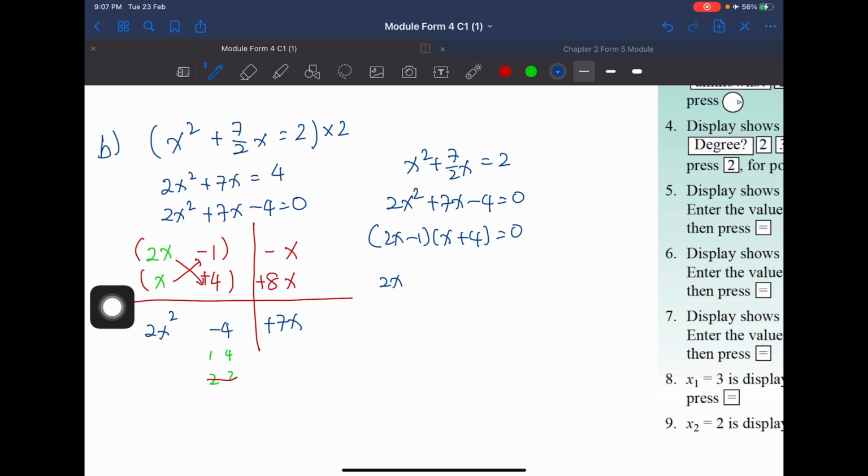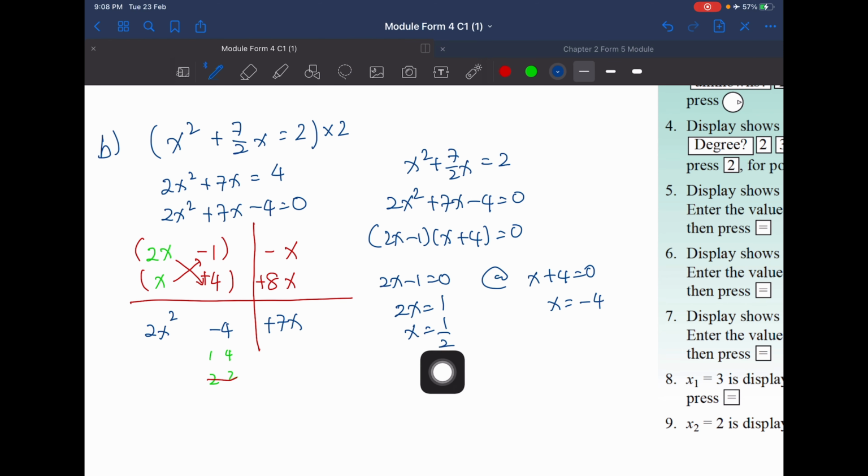So we have 2x minus 1 equals to 0 or x plus 4 equals to 0. So bukan pemudahkan, selesaikan. We have 2x equals to 1, x equals to 1 over 2. And over here we have x equals to negative 4. So it means our roots are x equals to 1 over 2 and x equals to negative 4.